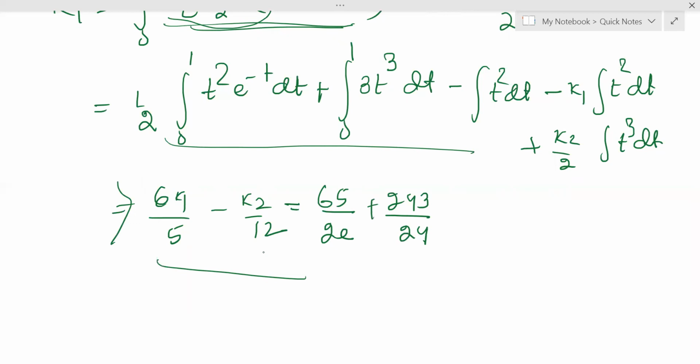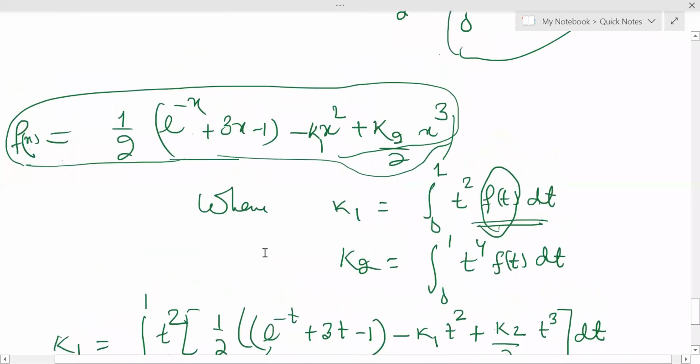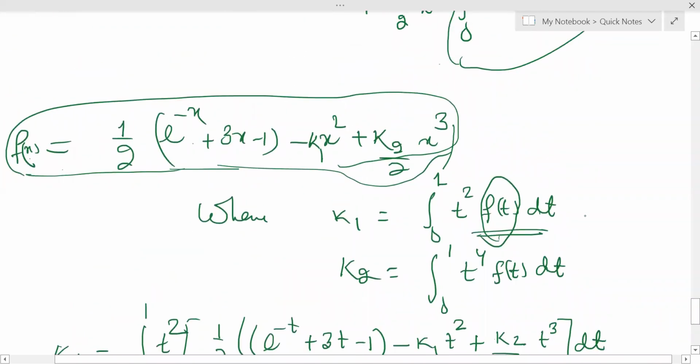Again this value, again f(x) value substitute. This is the 2 point and this is the 3 equation.